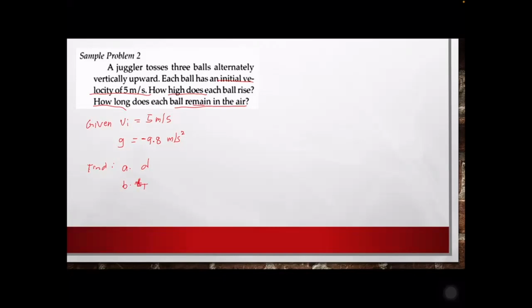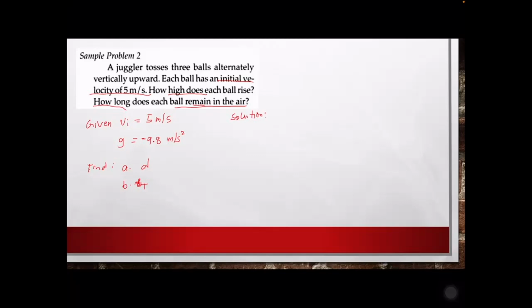Let's have the solution. Meron tayong initial velocity and meron din tayong gravity. So, let's find the distance.